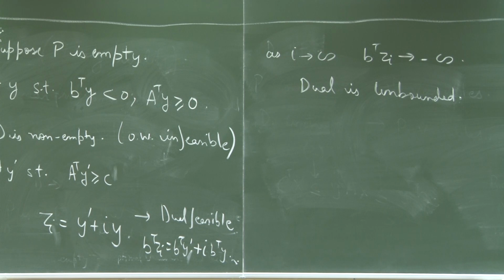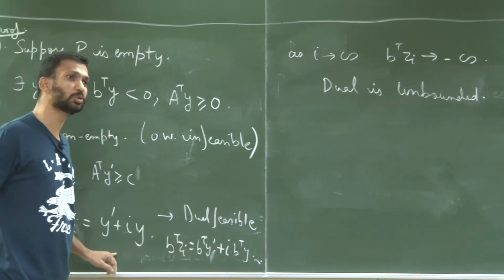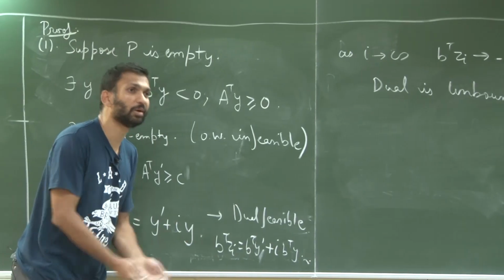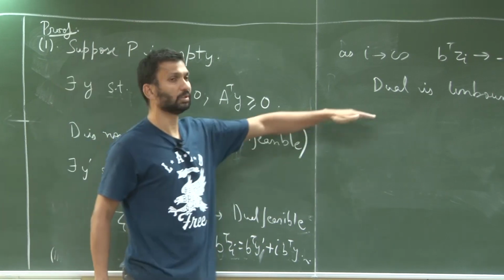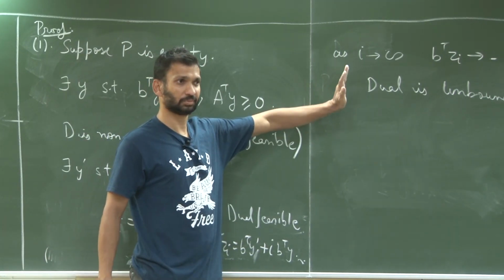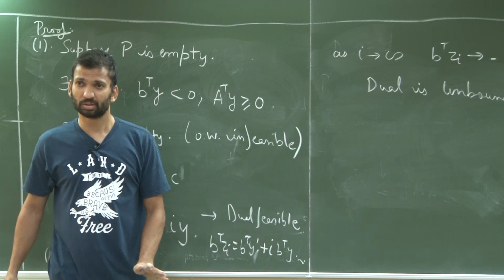Right? Because I have constructed feasible solutions of dual which are taking my value to minus infinity. So that means dual is unbounded. Okay, clear?